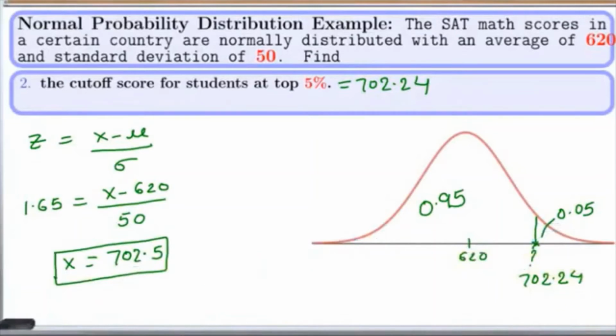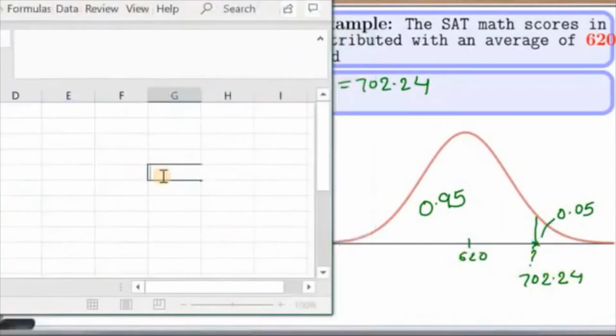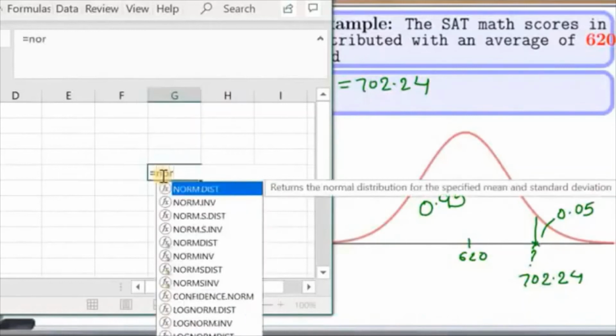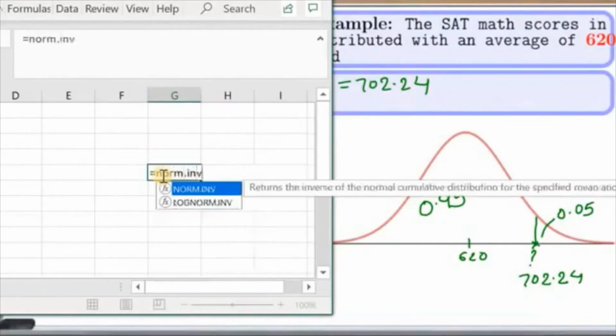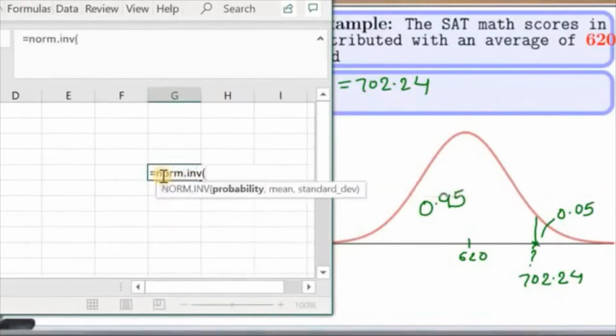Now let me show you how to find this point using Excel. Pull up my Excel on the screen. To find that value using Excel, you'll be typing equals, then norm.inv, then put your parentheses. It takes area to the left, which in this case is 0.95, and mean here is 620, and standard deviation is 50.